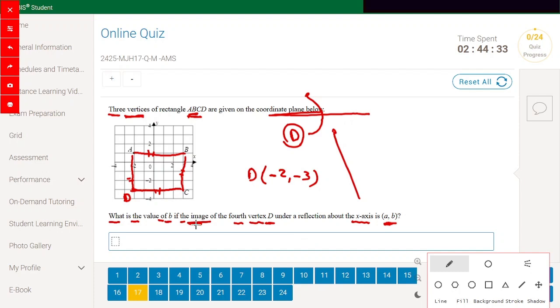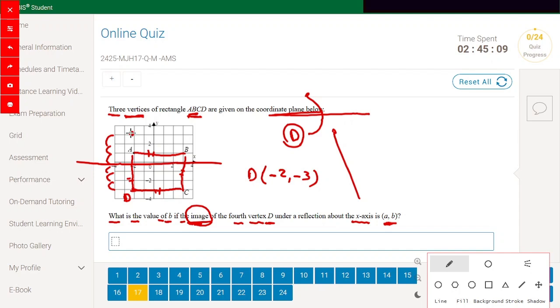Now, we need to get the image. Let's locate the image of D on the reflection about the x-axis. This is the x-axis. So to get the reflection, we will move this D, which is 3 units from the x-axis. 1, 2, 3. So to get the reflection, we will move to the opposite side 3 units also. 1, 2, 3. So D will be here.